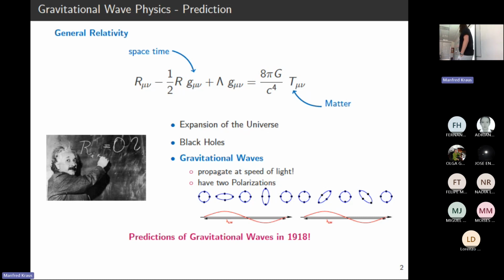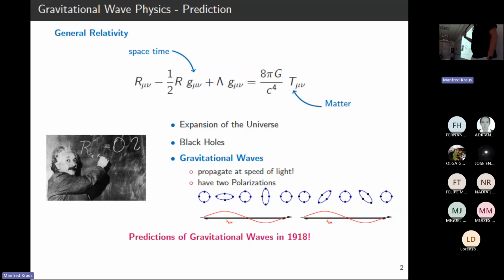From general relativity, we got very important predictions, mainly that the universe can be an expanding universe. Albert Einstein also figured out that there will be black holes, that there will be singularities. But most importantly, he predicted the existence of gravitational waves.